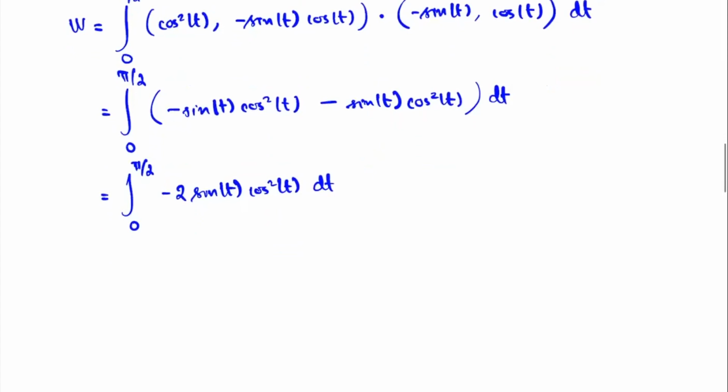So you let u equal cosine of t, and du is equal to negative sine of t dt. And you make a table to change the limits of integration. T equal to 0, u is equal to 1; t is equal to pi over 2, u is equal to 0.